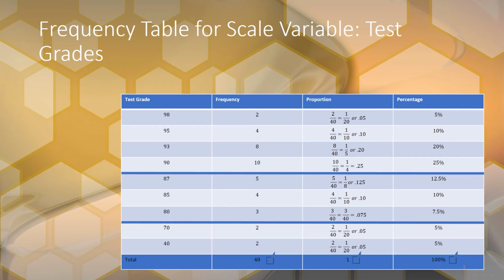There's 5 plus 4, that's 9, plus 3, that's 12 people who got a B. And then the last people who got 70 or 40, those can be a C or lower. And so we're really just chunking these values up. And so what you can do then is make a group frequency table that's a little easier and faster to read than looking at all these frequencies.